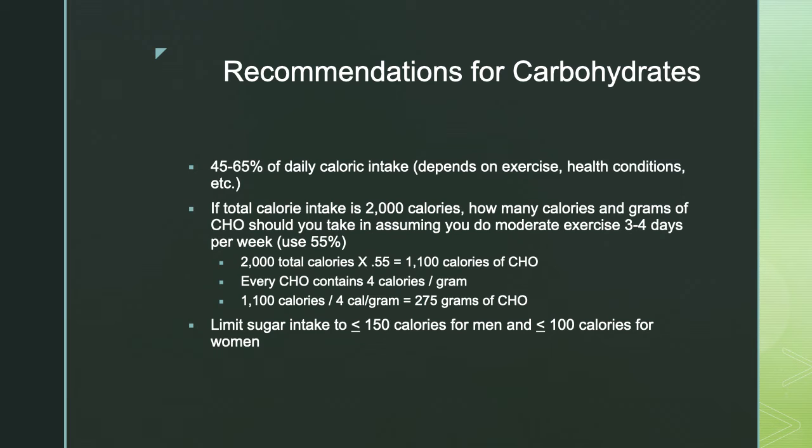Now, if I wanted to determine how many grams of carbohydrate that would be, I could use that conversion of every gram of carbohydrate is 4 calories. So if I take the 1,100 calories and divide it by 4 calories for each gram of carbohydrate, that means I would need 275 grams of carbohydrate each day.